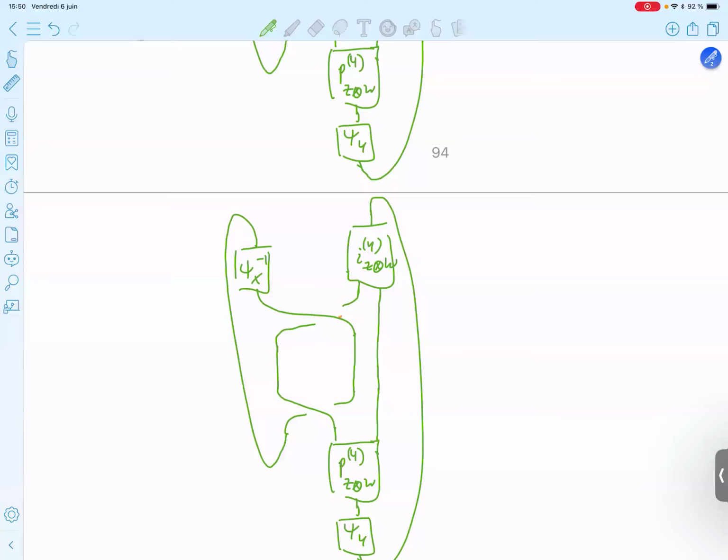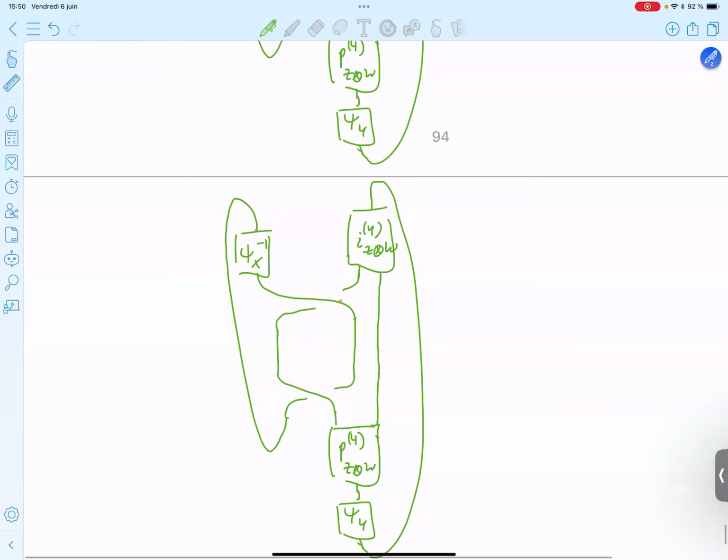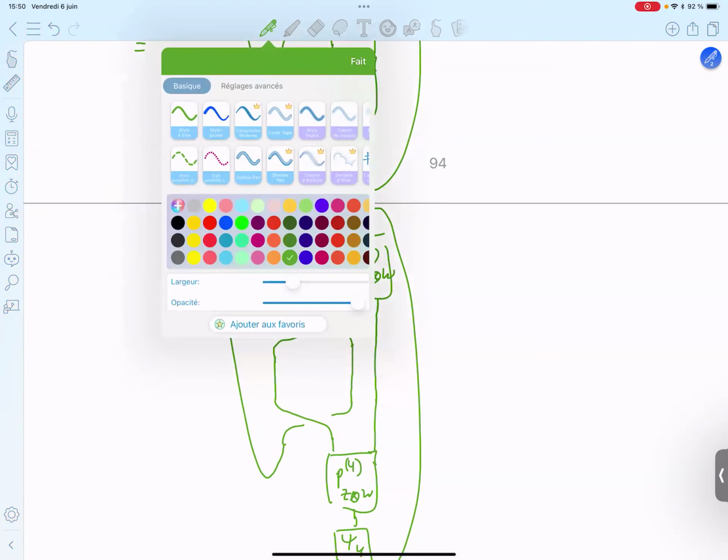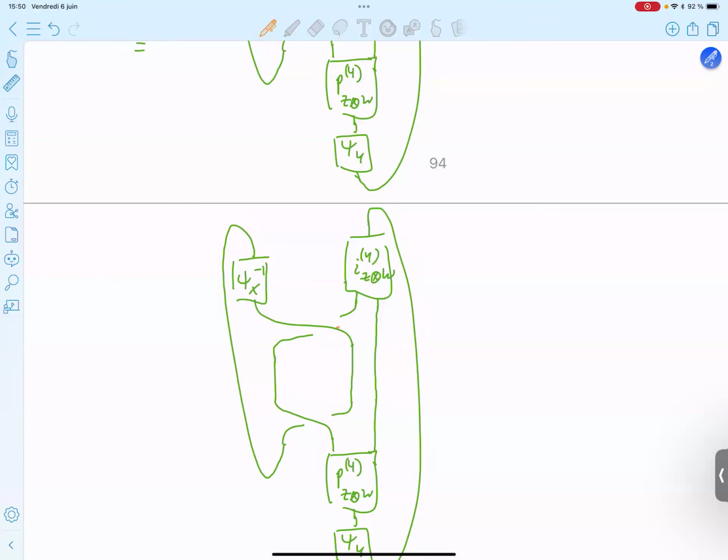Now we will use the same trick as before for this part. Remember, this is something from Z to Z. So this is Z, this is Z. So this is nothing but a constant multiple of the identity of Z, since Z is simple.